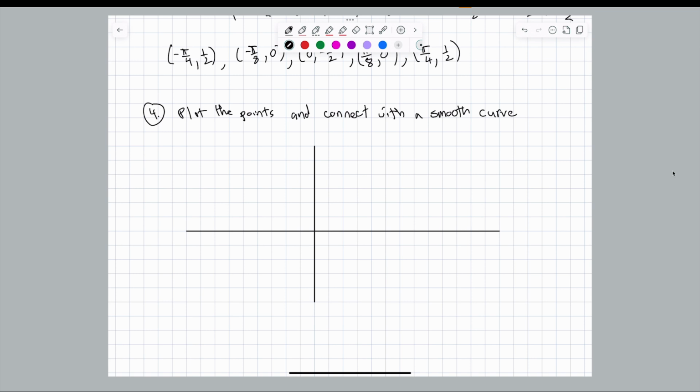Starting with the positive side, we would have pi over 8, then 2 pi over 8, which is the same thing as pi over 4. If we keep on going up, you add another pi over 8, you get 3 pi over 8, and so forth. Now going on the negative side, we would have negative pi over 8, negative 2 pi over 8, which is the same thing as negative pi over 4, and then negative 3 pi over 8, if we extend it further. And then we're going to go up to 1/2 and down to -1/2.